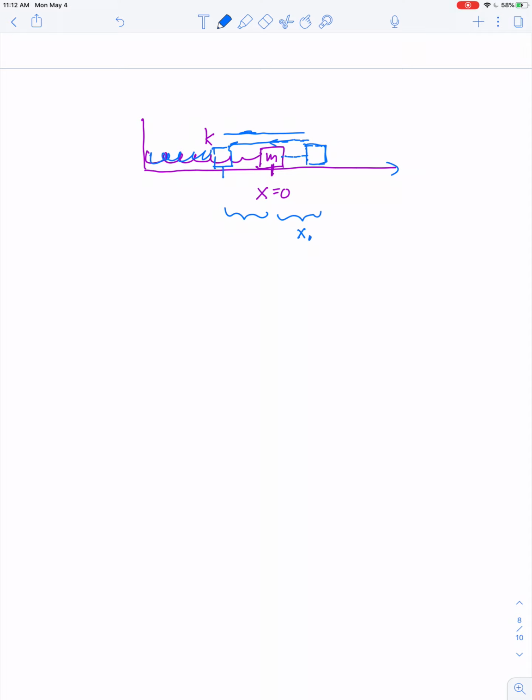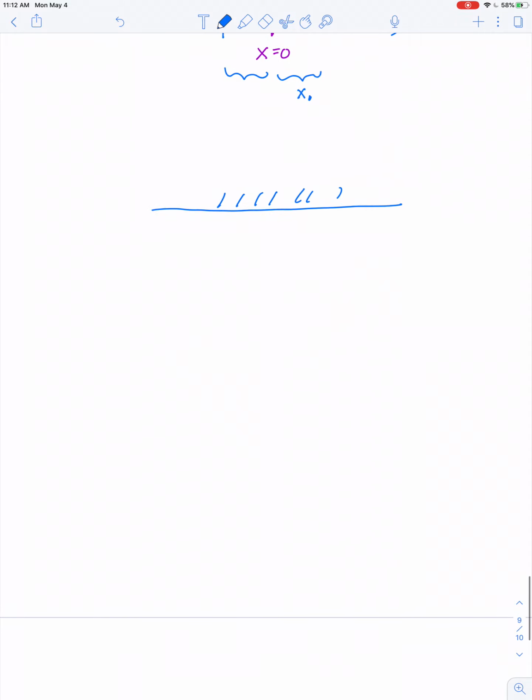In fact, this reminds me of another type of motion that we've studied. When we were studying the law of conservation of energy, we showed that a pendulum, if you take a heavy object and attach it to the end of a string or a cord or a rope, and then you pull it back, giving it some initial angle, maybe we'll call that theta naught. When you release it, it doesn't just immediately come to rest at the equilibrium position.